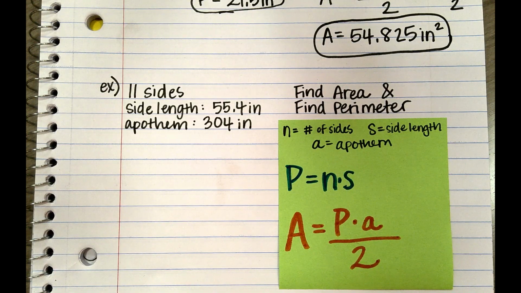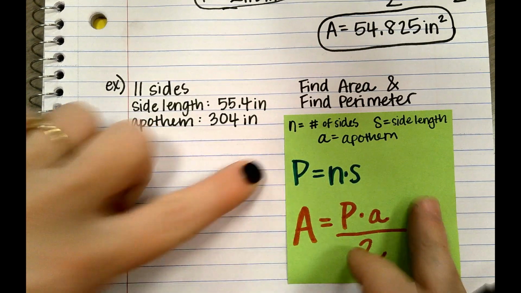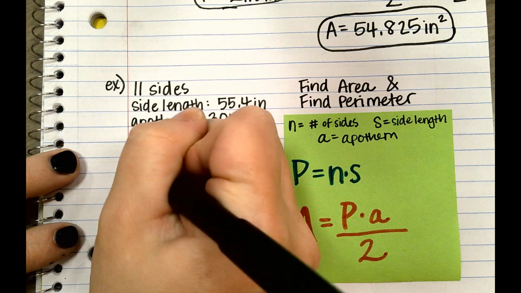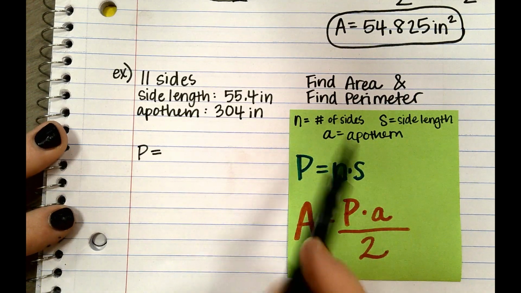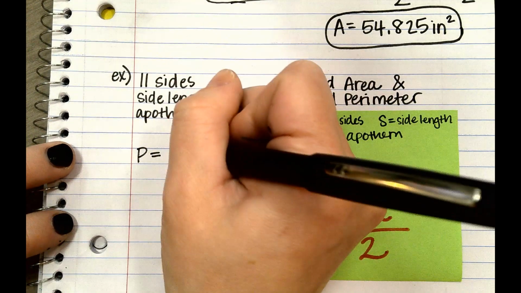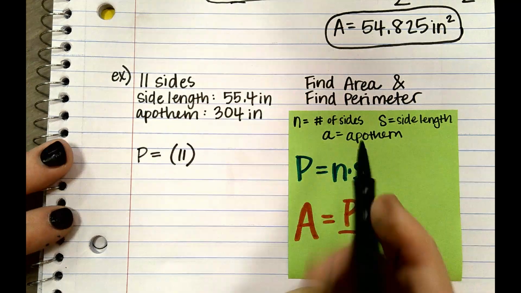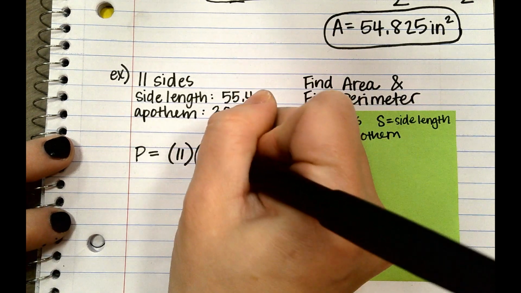I'll go ahead and go over this. Double check your work, make sure you got it. First we'll do perimeter. What would I multiply? Good, 11, that's my number of sides, times 55.4, that's my side length.